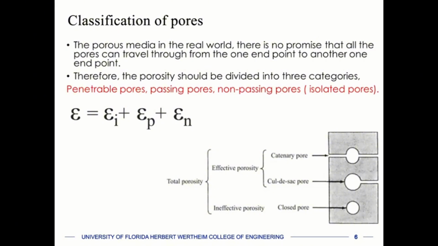The next one is passing pores, which only have an entry but don't have any exit. And the third one is non-passing pores, simply just a hole, which doesn't have any connection to let the fluid go in and go out.